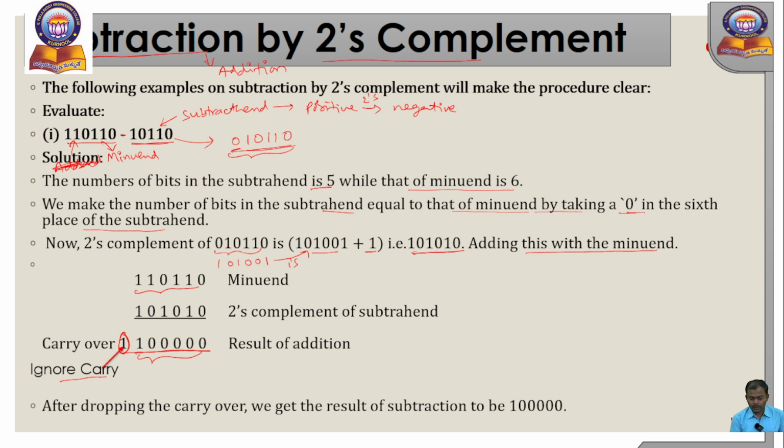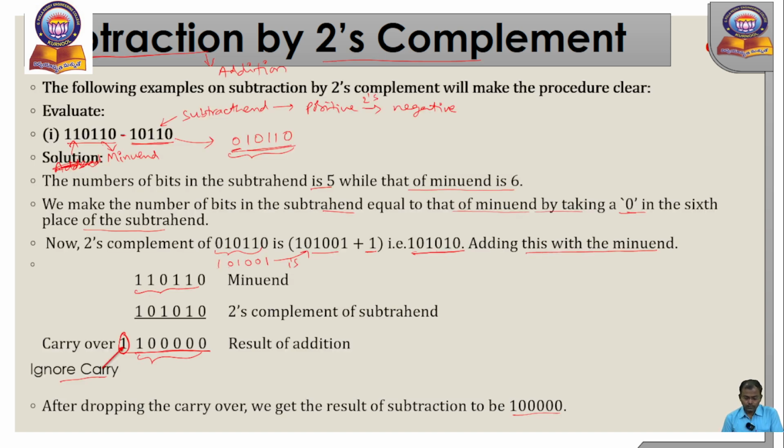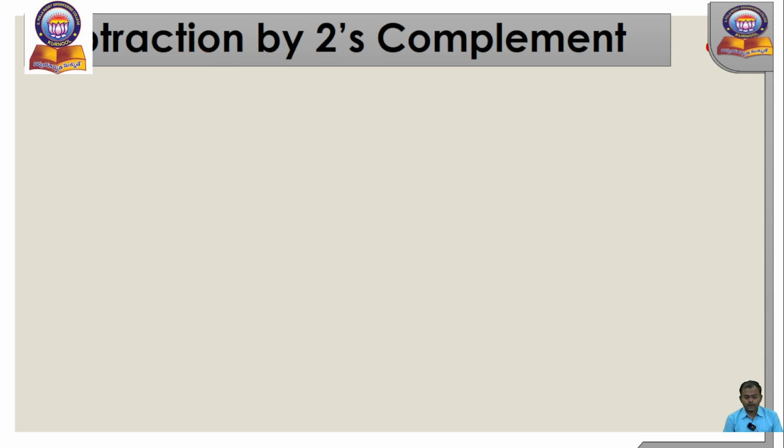So after dropping the carryover, we get the result of the subtraction as 100000. This is how you can perform subtraction of two numbers using 2's complement. In this case, the carry is generated. Now, in another example, we will see.